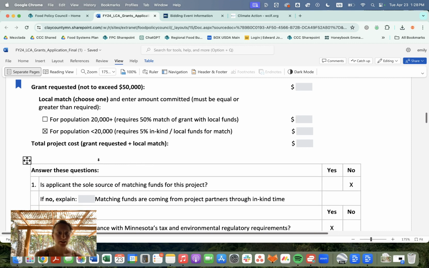So what we're looking at is, because of our funding limitations, we don't have $25,000 in cash to be able to put towards this effort. We have pretty much nothing, no cash in hand, because up to this point, most of the efforts that have been led around the Food Council have been grant funded to date, and that's just paid for staff time.